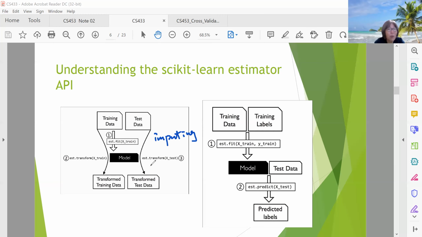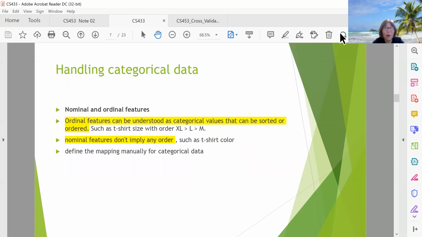After imputing, you need to transform, so you have transformed training and testing data. After that, you can start training the model and then predict with the model. So that's the general flow for handling missing and imputing data. Next is categorical data.